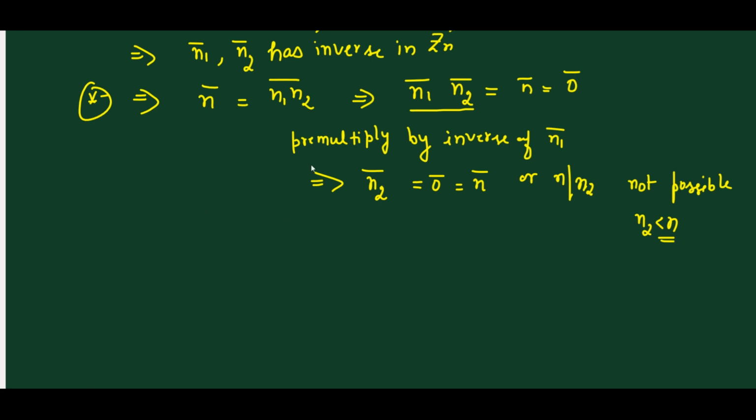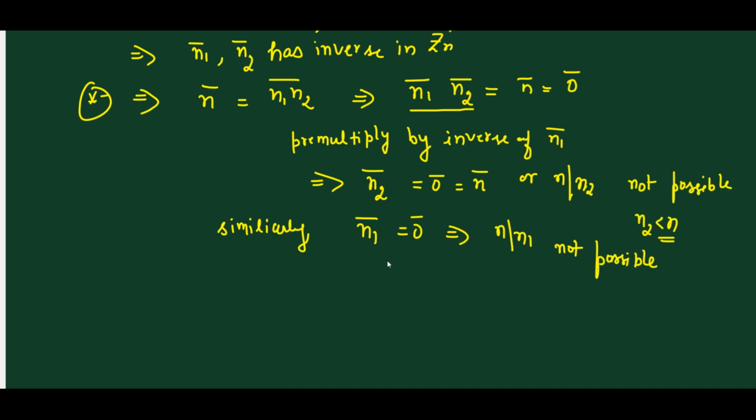Similarly, if we post multiply by the inverse of n2 bar, we have n1 bar is 0, and this implies n divides n1, which is again not possible.